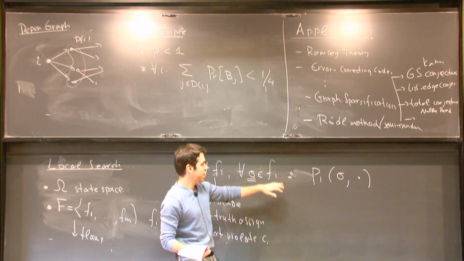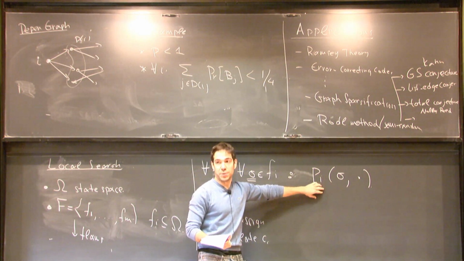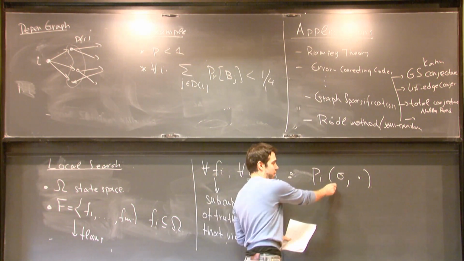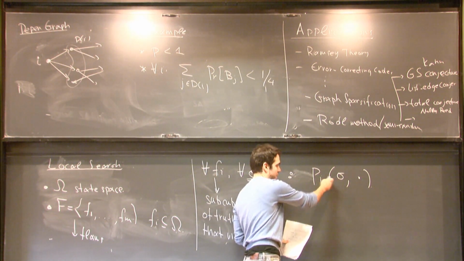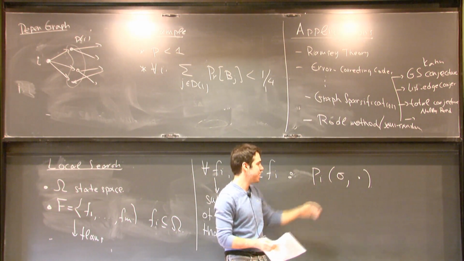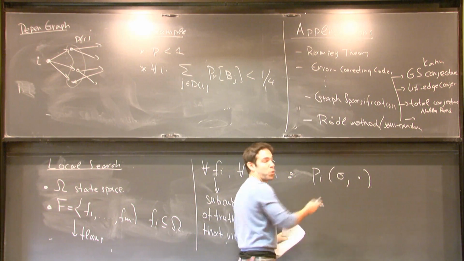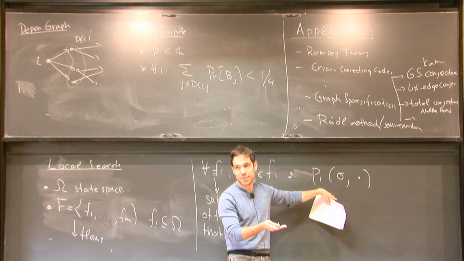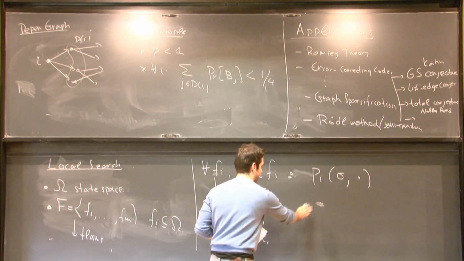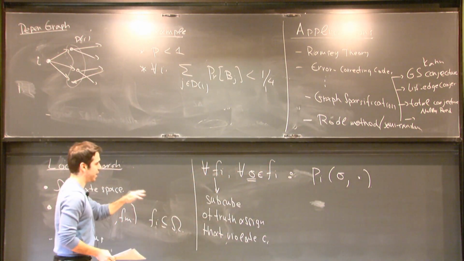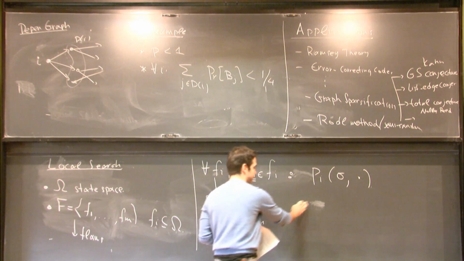Okay? So this is how it's going to do it. It's going to use a distribution that depends on sigma, and use it to go to the next state. I'll give an example, but this is kind of the setting, and here's the algorithm.